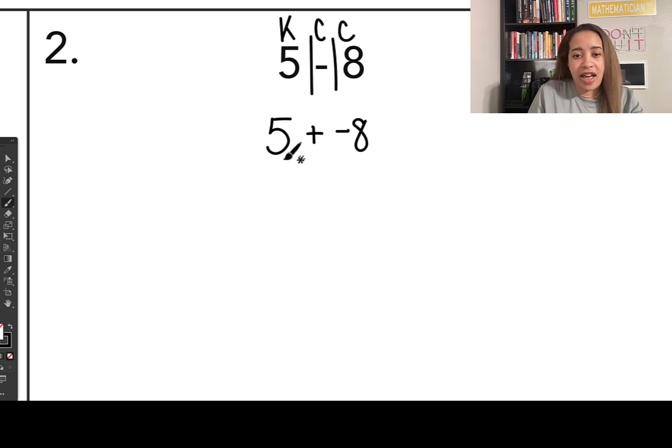We've got a positive 5 plus a negative 8. So when we see different signs, we subtract. 8 minus 5 gives us 3, and I just need to decide on my sign. I see that in my addition problem, the higher absolute value was negative, so my final answer should be negative.